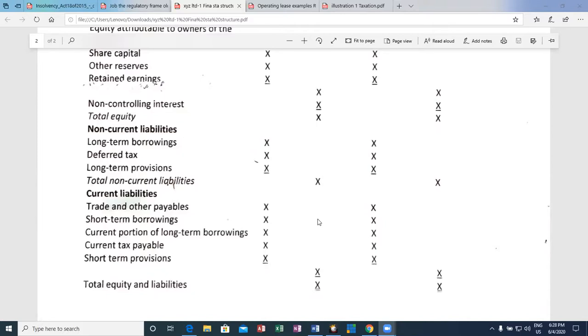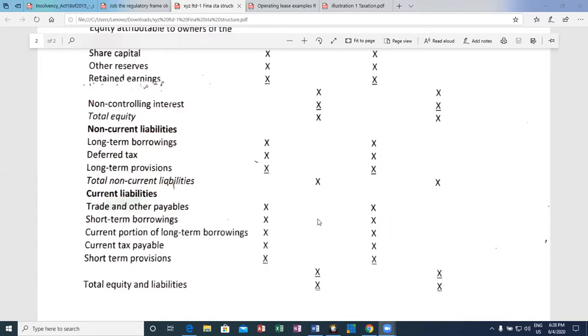What about liabilities? We're given non-current and also current liabilities. What are liabilities? Amounts which are owed by the company to other parties as a result of past activities or commitments. Now these commitments create two different kinds of obligation.